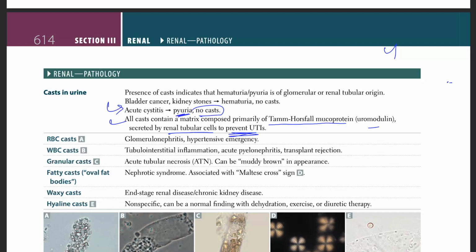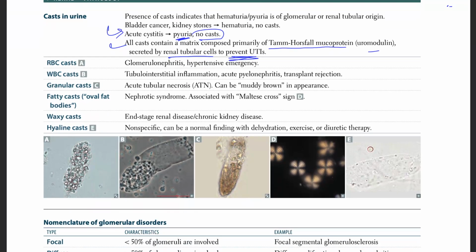Okay, so let's talk about now RBC casts. Look at picture A, RBC cast. RBC casts are seen in glomerulonephritis. Remember, we just said that the cast will tell us that it's either glomerular disease or renal tubular disease, because we can't form casts in the bladder or in case of kidney stones.